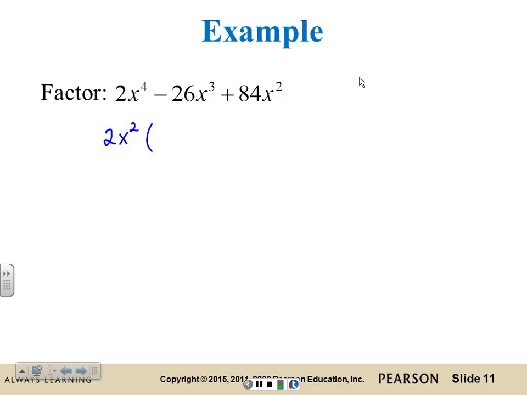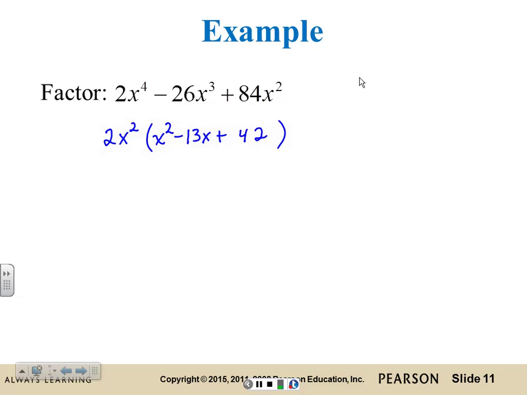So let's factor this out of each one of these. If I factor 2x to the fourth by 2x squared, I'm going to get x squared. 26x to the third divided by 2x squared is going to be a minus 13x. And then 84x squared divided by 2 is going to be what, 42?